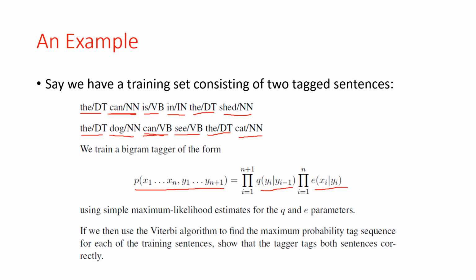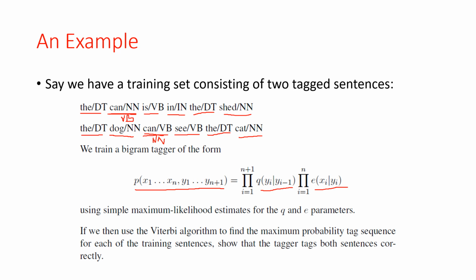Now, if we consider the two incorrect taggings, so if we say that falsely the first can was tagged as a verb, and the second can was tagged as a noun, then we can see that both have probability 0 under the maximum likelihood model.